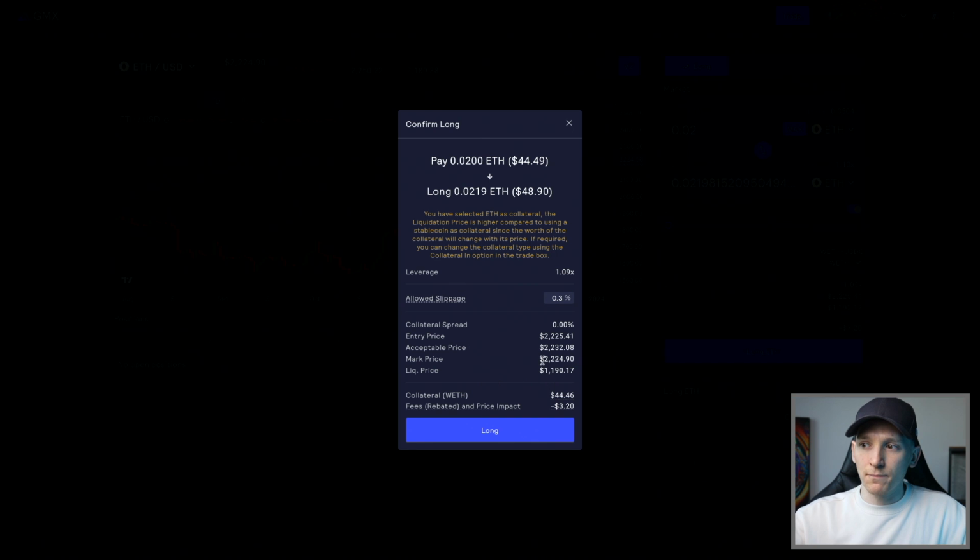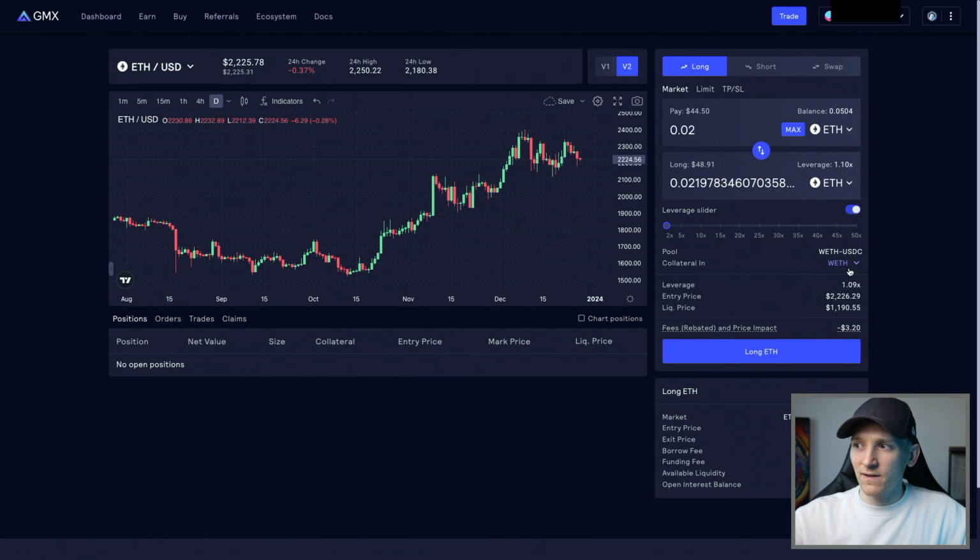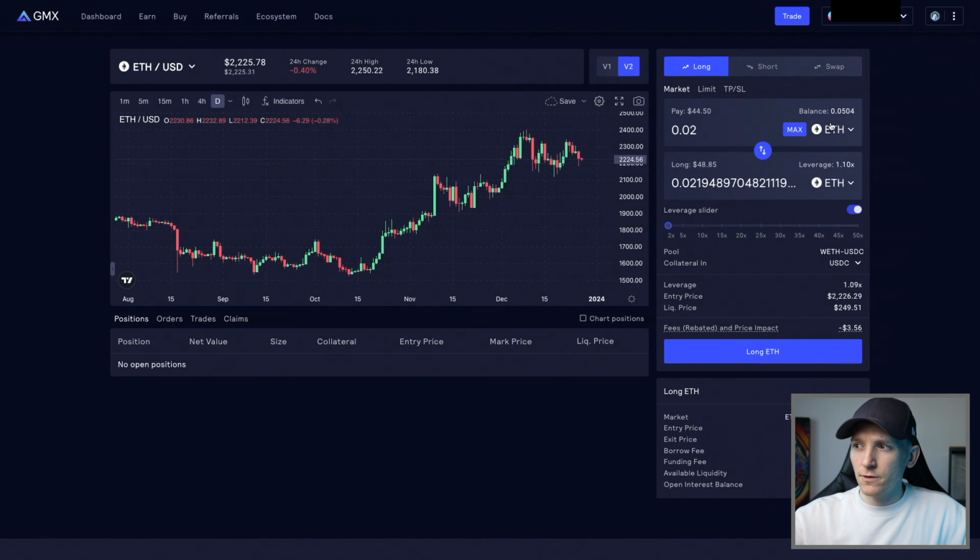You can see our liquidation price right here, which is the amount that if the price falls, that's when we're going to get liquidated. And you can have the collateral as wrapped ETH, and these are our fees. Right now, I think there are some rebates on the fees on GMX, but depending on when you're watching this, it might not happen. What I'm going to do is switch over to USDC as collateral, just to show you.